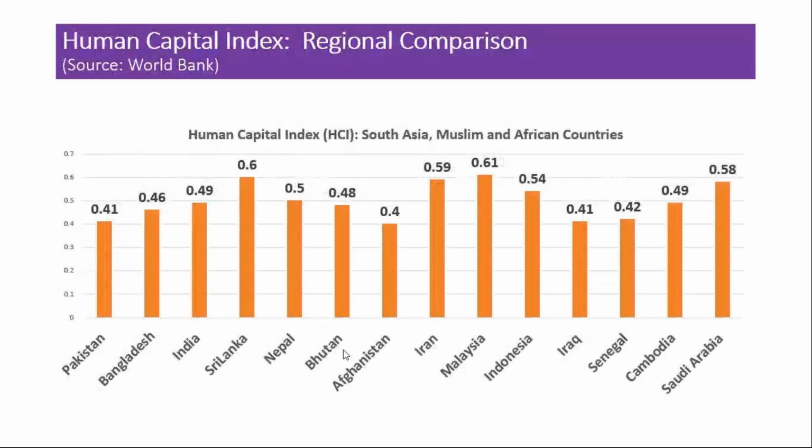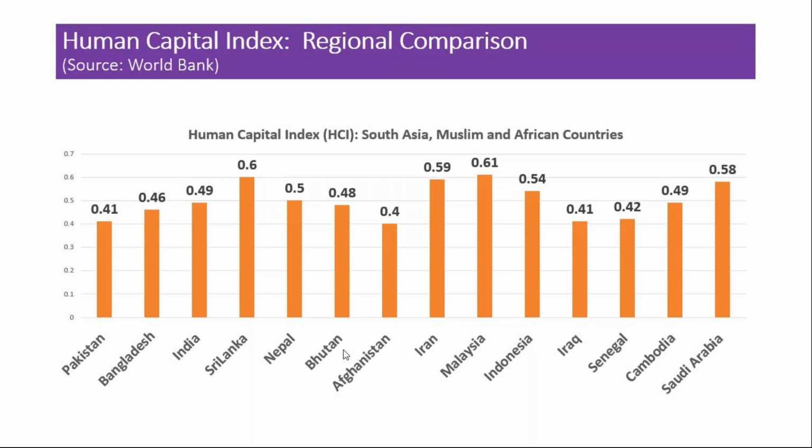This slide talks about the Human Capital Index. Basically, I've started with human capital. What are the disparities in terms of regional comparison? This data is from the World Bank, and we can see the score from 0 to 1.